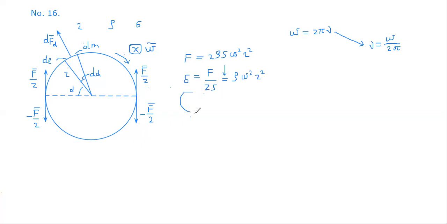And from here we have omega is equal to sigma divided by rho r squared, under the square root. We can write it in this way.